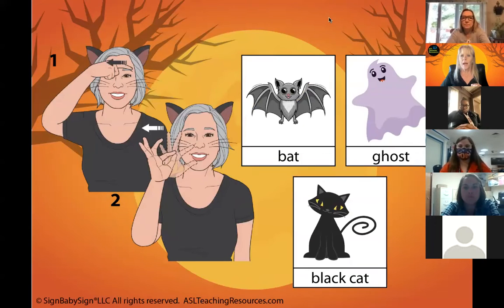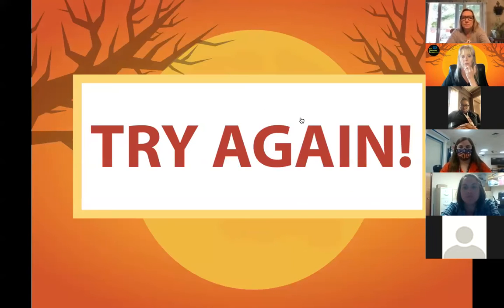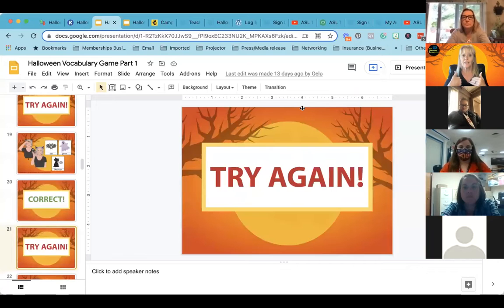We'll wait on picking someone else. So this is how it works. And if you get it wrong, it says try again. So we have these in the level 1 and 2. And again, they're printable as well as online. Any questions? Let me check the chat box here.